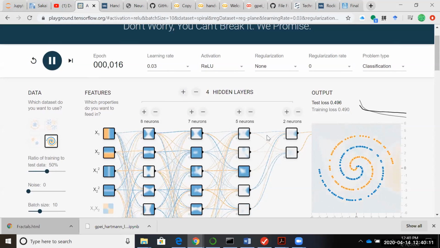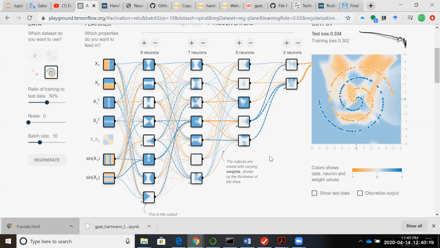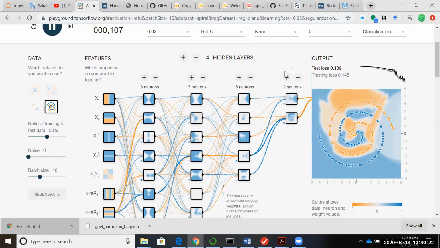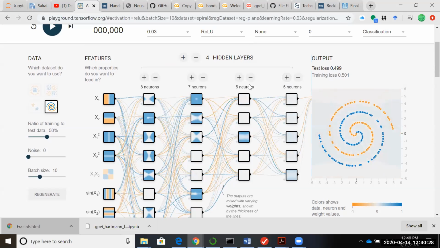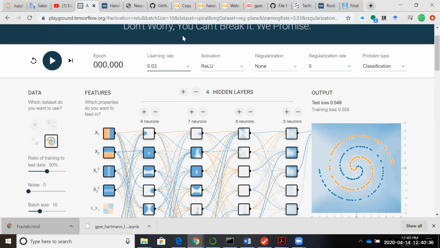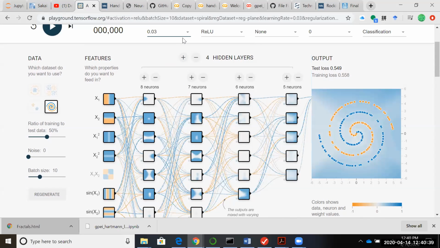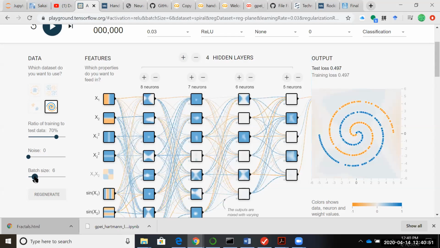It would have 6 neurons in the layer that you have 5 in right now, and then 5 in the output layer. I also increased the ratio of training to test to 80 or 90%, and decreased the batch size to about 5.